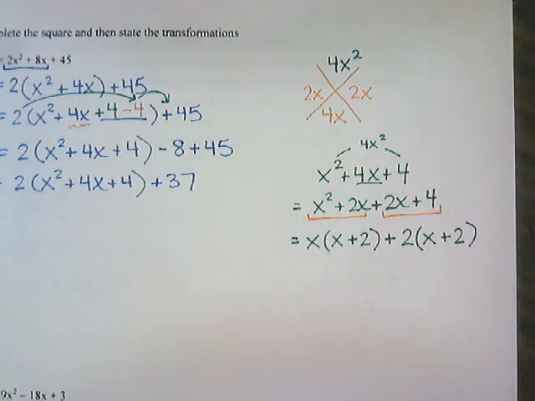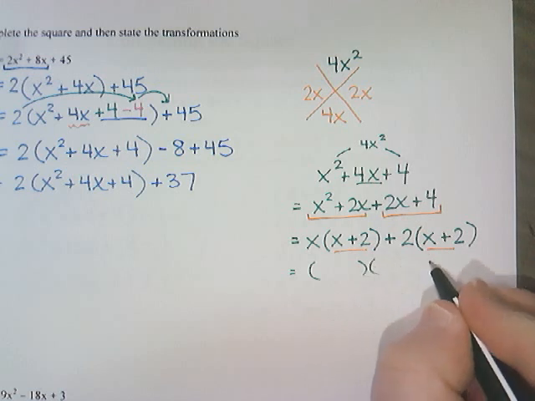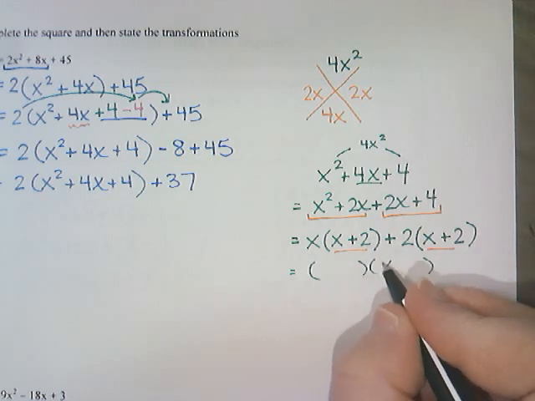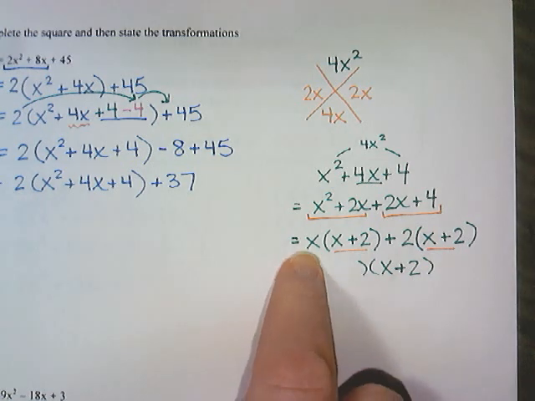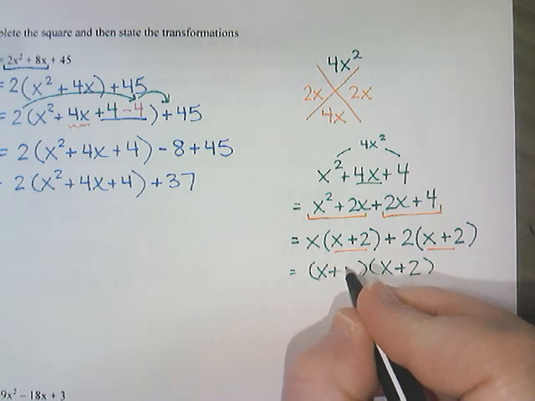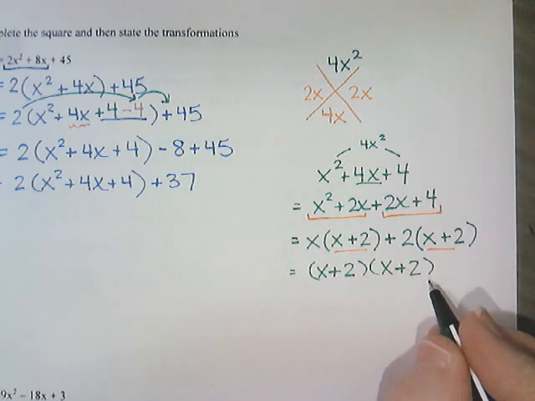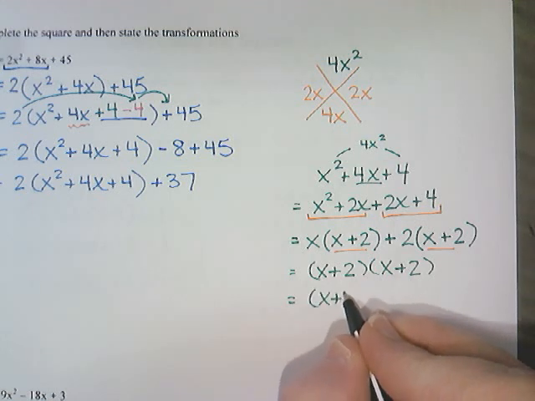All right, thankfully I notice we have the same bracket. What that tells me is the multiplication question we started with would have had a second bracket of x plus 2. And then our first bracket would be x plus 2. X plus 2 times x plus 2 can also be written as x plus 2 squared.